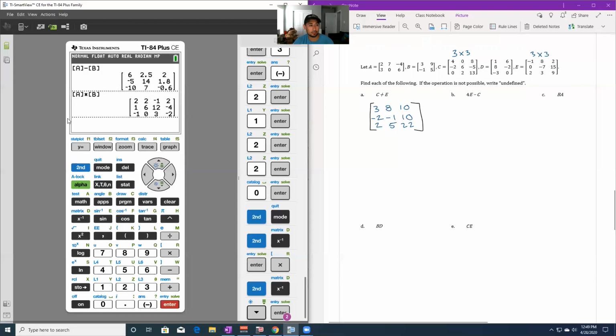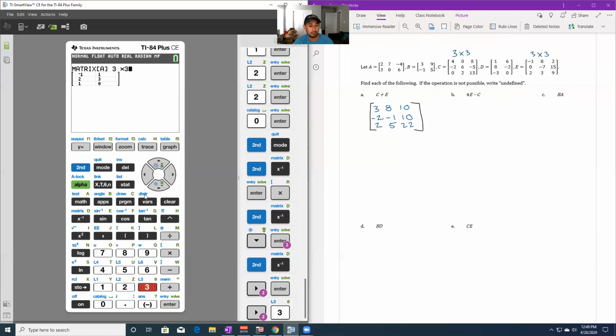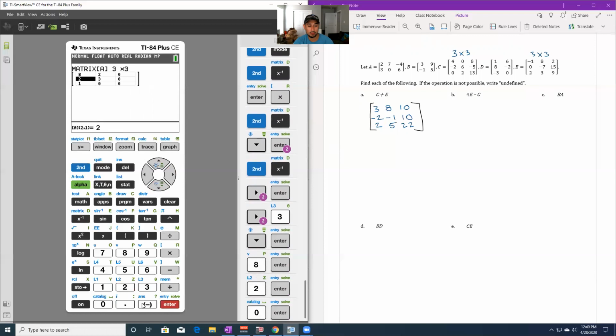Let's see. So I'll say second matrix, edit, it's now 3 by 3. And I'll do it's negative 1, 8, 2, 0, negative 7.